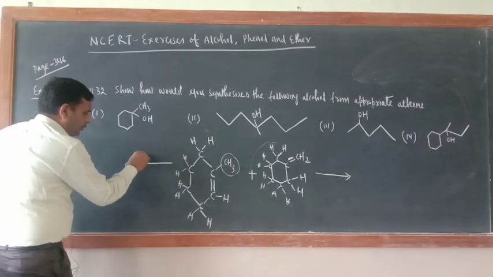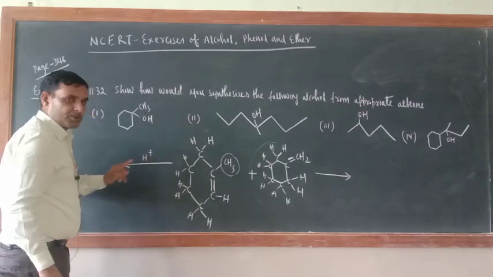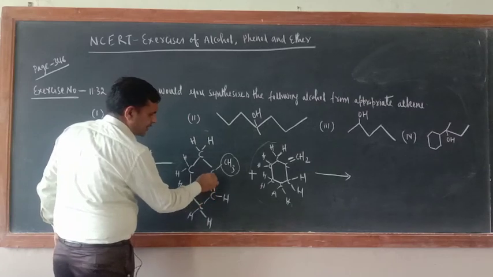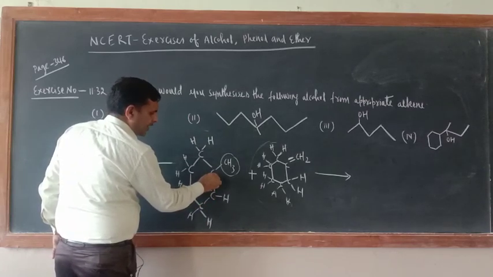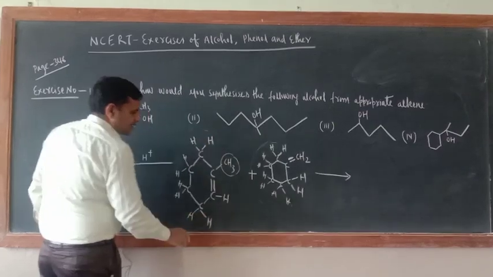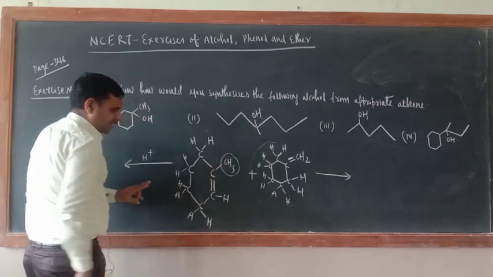And the first step is the important one. You should add the proton in such a way that the most stable carbocation is formed. Now just see, here 2 sites are there. Either you can add H positive here or you can add here. Both chances are there.